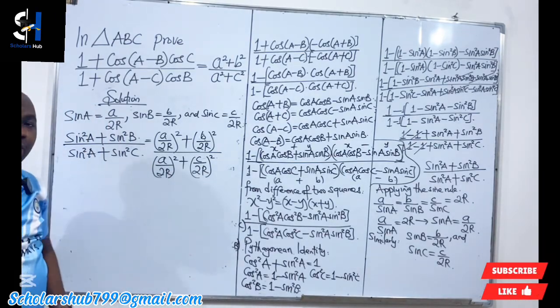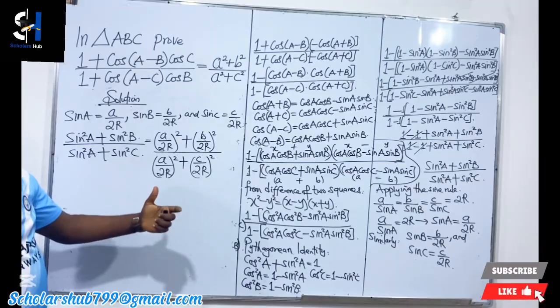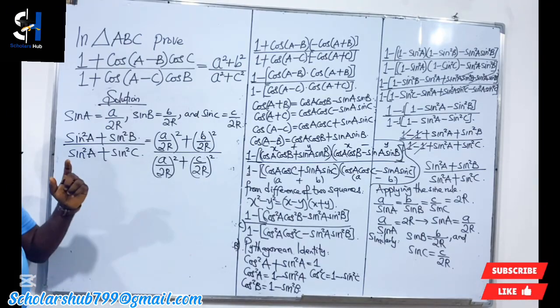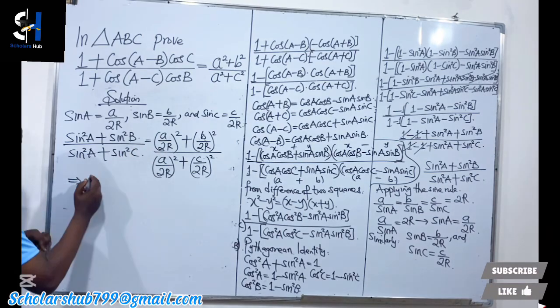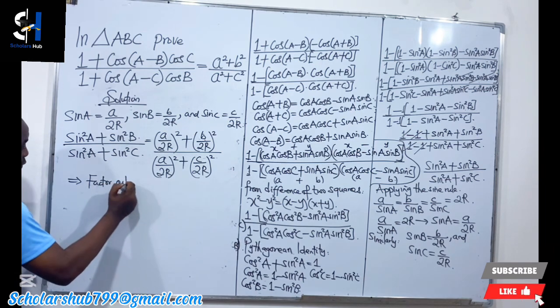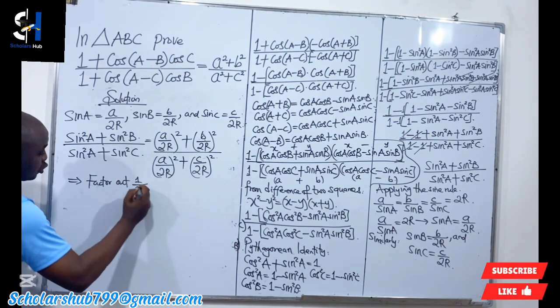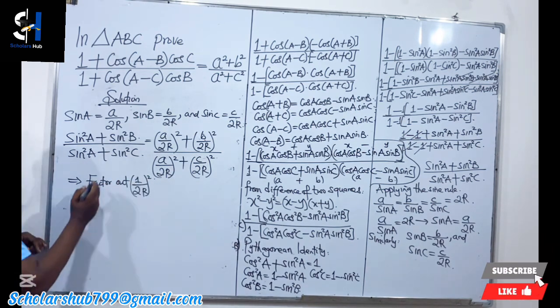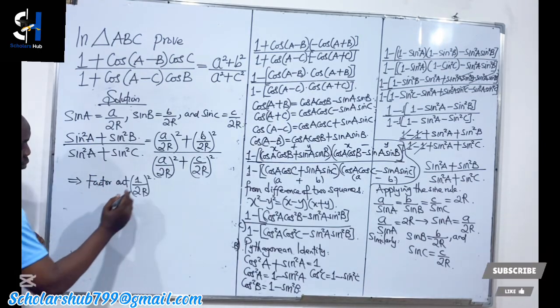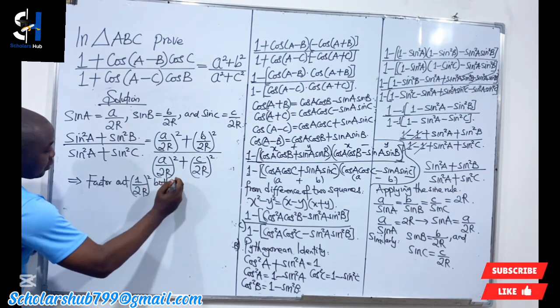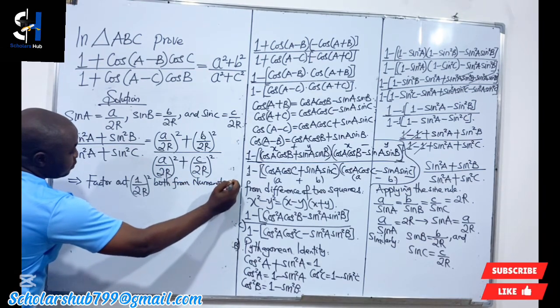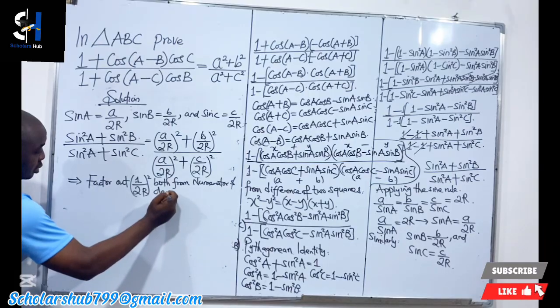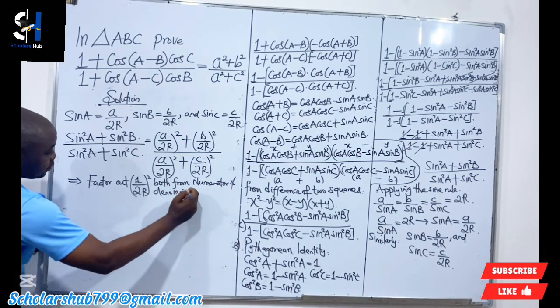Now let's bring out the common factor, both in the numerator and denominator, and that will be 1 over 2R squared. So let's factor out 1 over 2R squared from both the numerator and denominator.